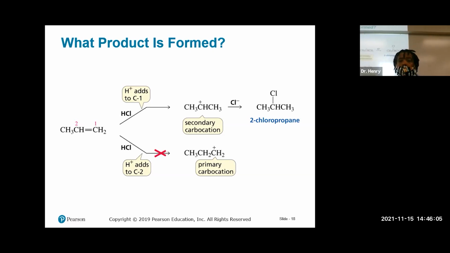Okay, so let's say we have something like this. Double bond, CH.